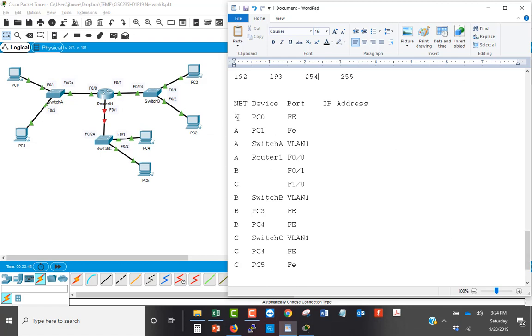We've got your network identifier A, then your devices, then your ports. On PC 0, I need something between 1 and 62.